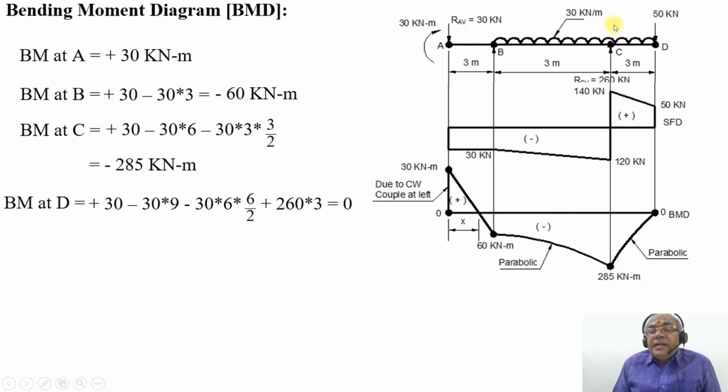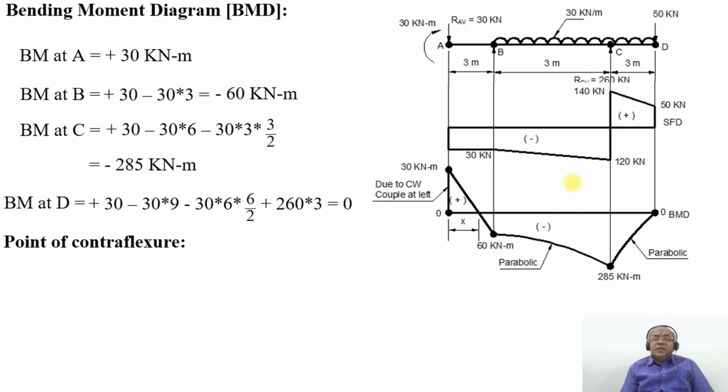And at the point D, it becomes 0. Between B and D, the load acting is a uniformly distributed load. Therefore, you are going to get the parabolic curve. So this is how you will be able to analyze this.